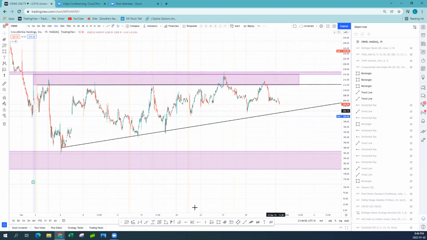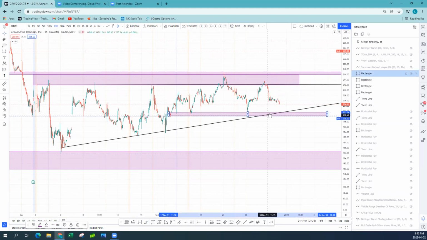And if you really want to buy this stock, then this area you can buy it. But I would suggest not to buy this stock because there are more chances that once this breaks down, it will go back to the 185 area. So I would avoid buying this stock, but it's better if you can buy the put or short this stock.